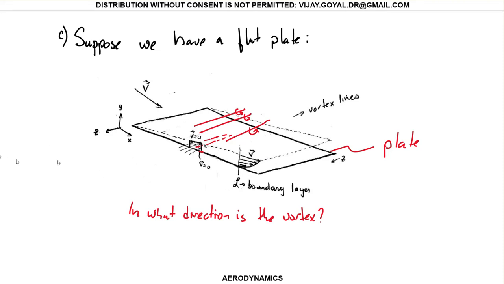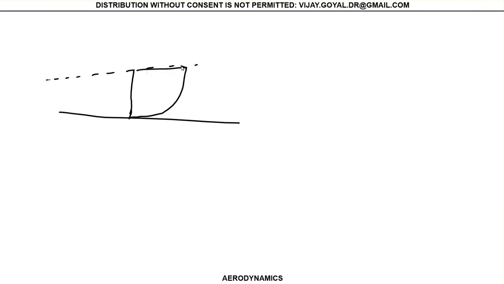So let's take this segment, and we know that we have the boundary layer. We've got your flat plate, and here we are going to have a boundary layer that does something like this. This is a velocity v at the top, and then I have a small element there.